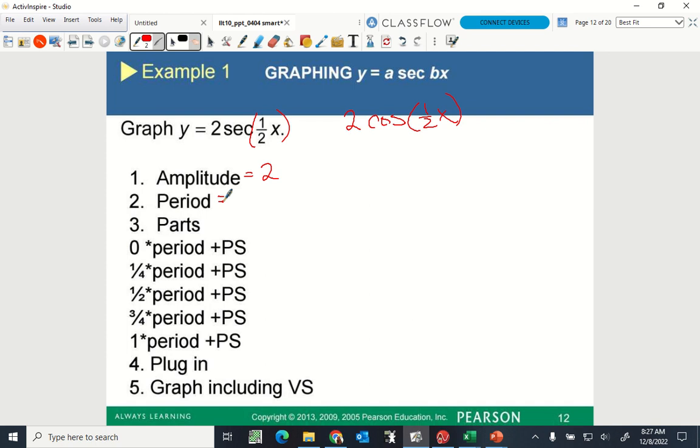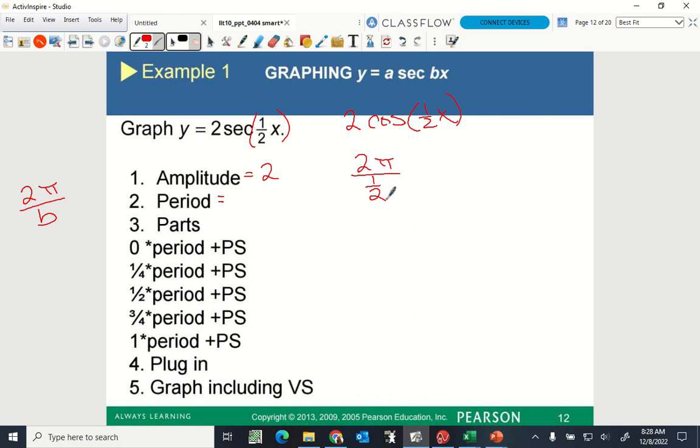Period for sine and cosine was always what? 2 pi over b. So the period is 2 pi over b, and in this case my b value is 1/2. So it's going to be 2 pi over 1/2.